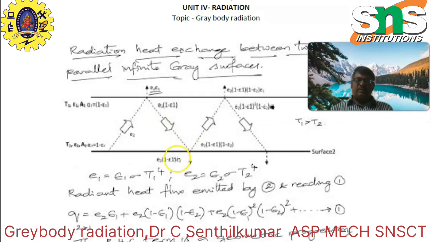This is nothing but the Stefan-Boltzmann law. Same way, that emission E2 is equal to emissivity 2 times sigma T2 power 4. That is for plane 1 and plane 2.